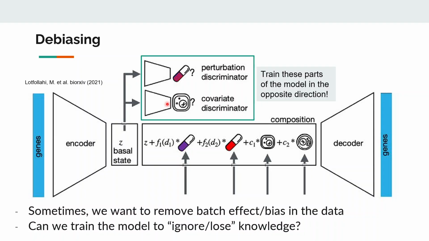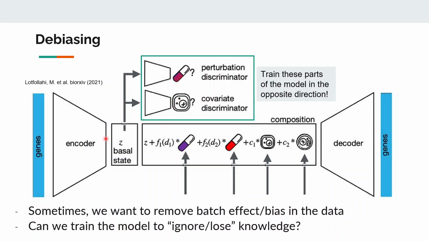So we can train the model so that it can predict perturbation very well, it understands the treatment, it understands the disease, it can generate very well, but it's no longer able to predict confounding factors or covariance.